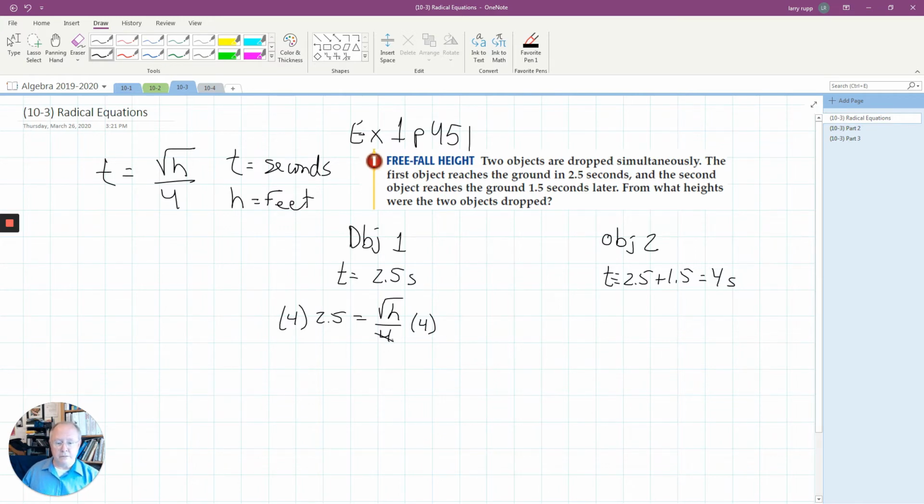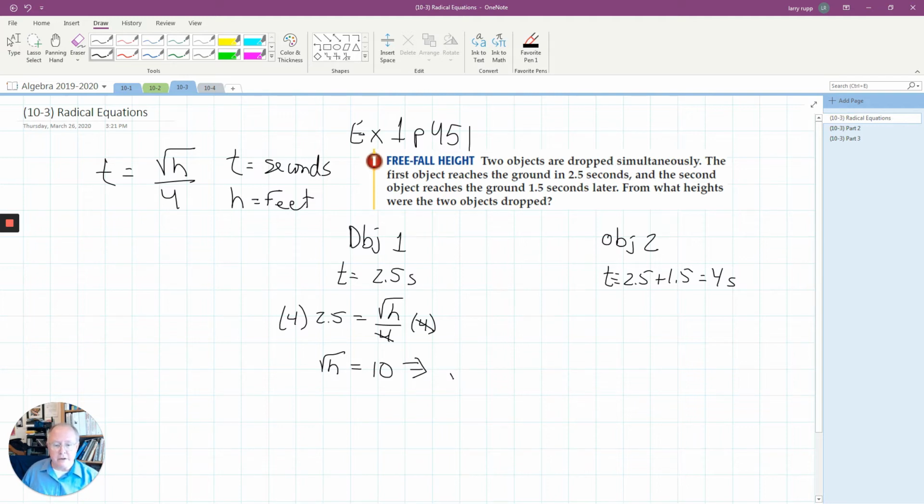So 4 over 4 is that. I'm going to rewrite this with the variable on the left side. We have the square root of h is equal to 4 times 2.5, which is, well, let's hope it's 10. So now we have the square root of h is equal to 10. What we want to find is what h is. How do we get rid of the radical sign? We get rid of the radical sign by squaring both sides of the equation.